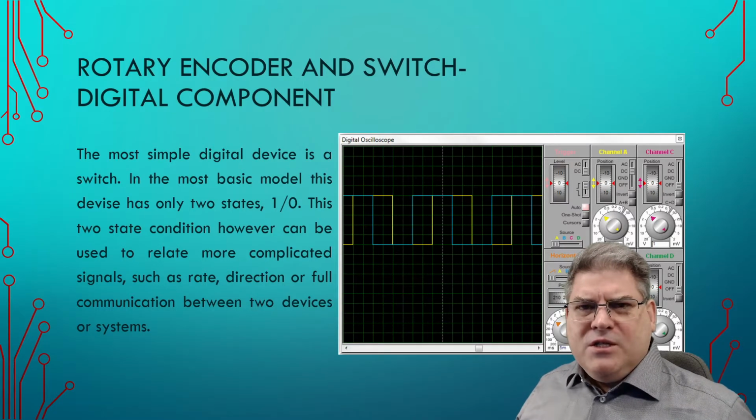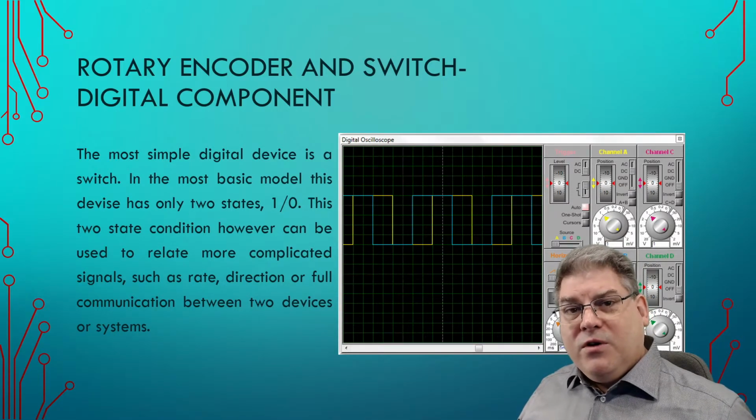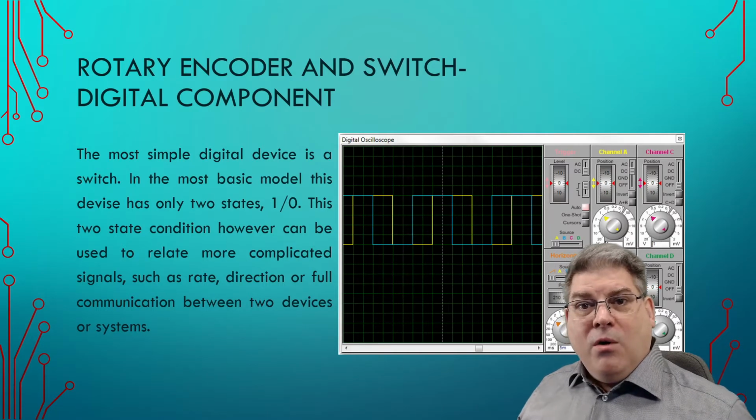But now that we're in the digital world, to use them requires something called an analog to digital converter, the same as we have on our temperature sensor. And that's okay, but it does take time and it's susceptible to some noise.